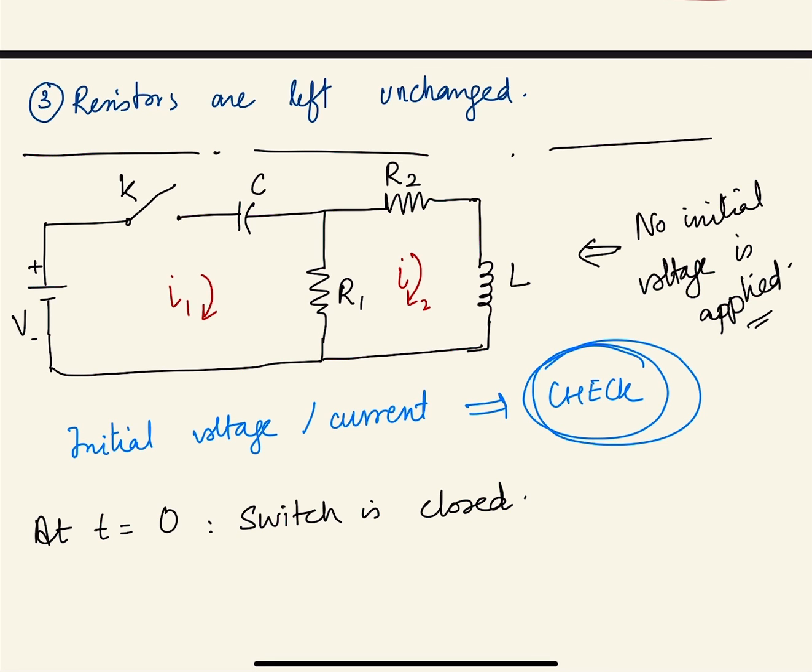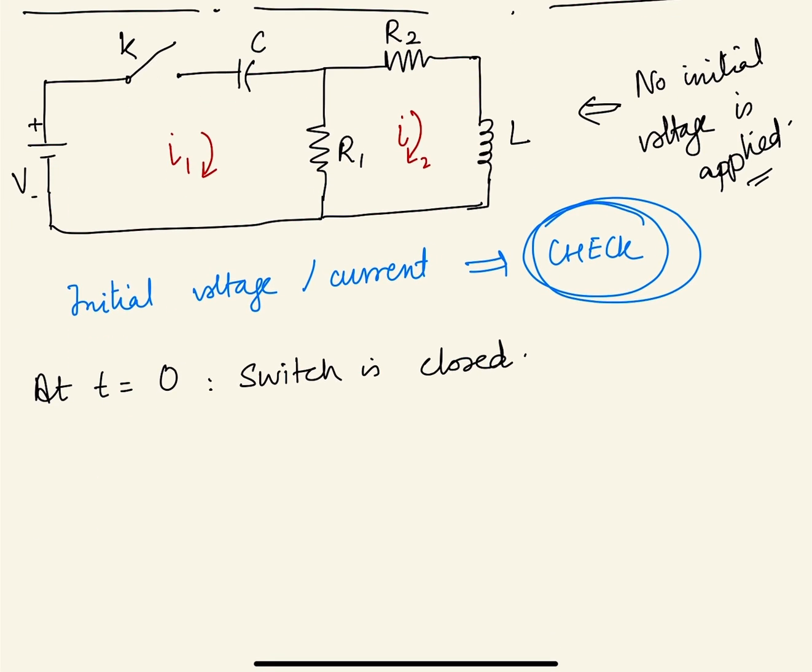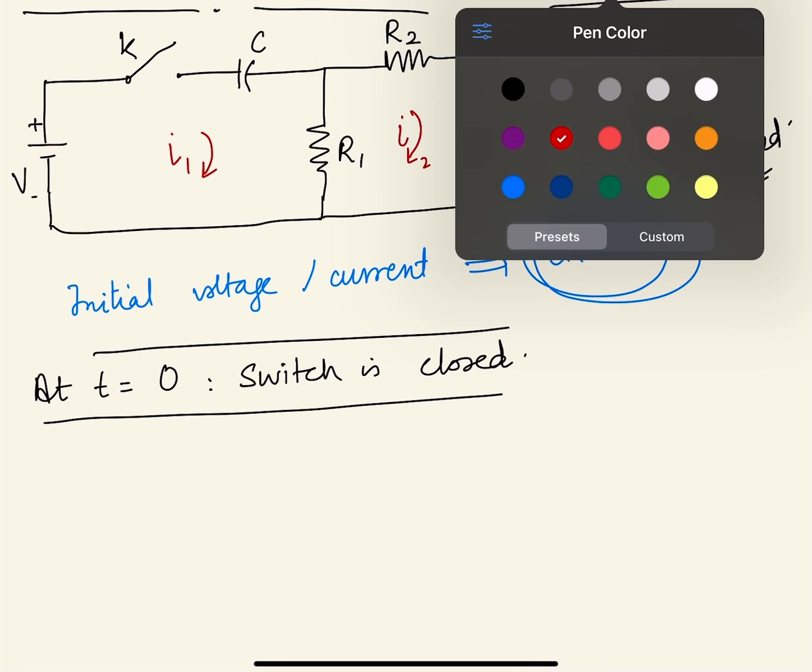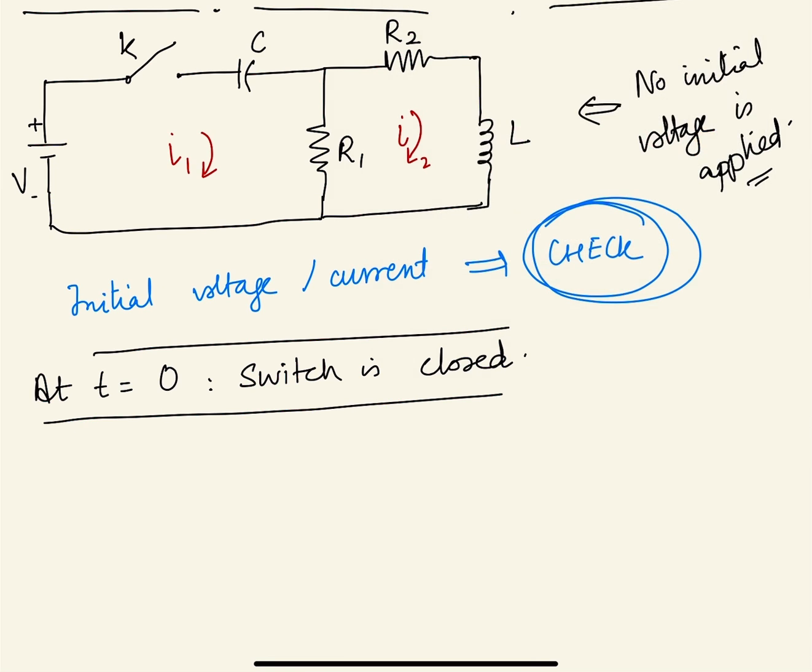Now what does the rule state? The moment the switch is closed, you are basically asked to find out the equivalent circuit. Let me draw it in another color. It is going to look like this. The switch K will come here, right?